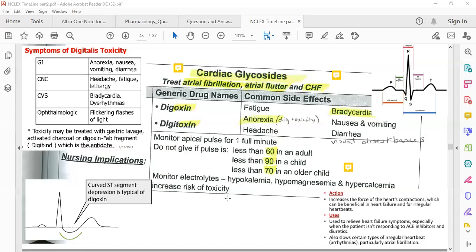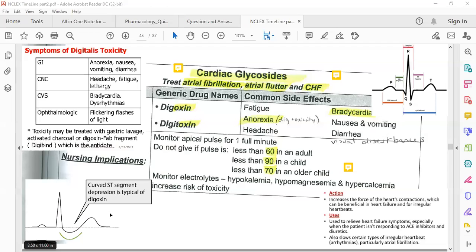Compared with this one, this is upright direction. But here the ST segment is in a downward direction, negative deflection. Here is a positive deflection. So the curved ST segment or ST segment depression is typically found in digoxin toxicity on EKG or ECG.